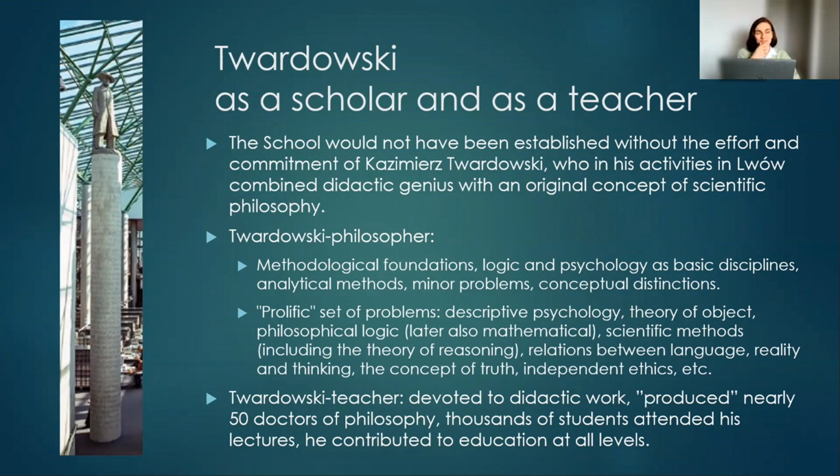And it was difficult to become a Twardowski student, but once you became a student, there were really close relations, both between students and teacher, and also between students. And that's why they cooperated. They criticized each other. They read their own papers. In such a way, Twardowski step by step created a philosophical society.